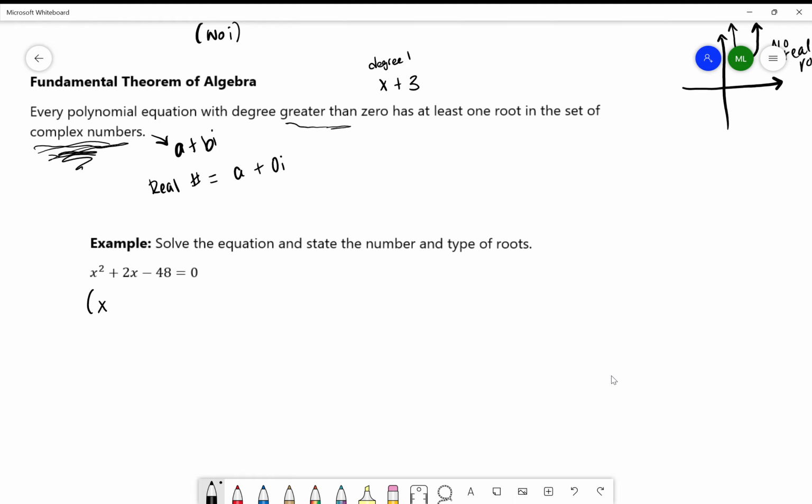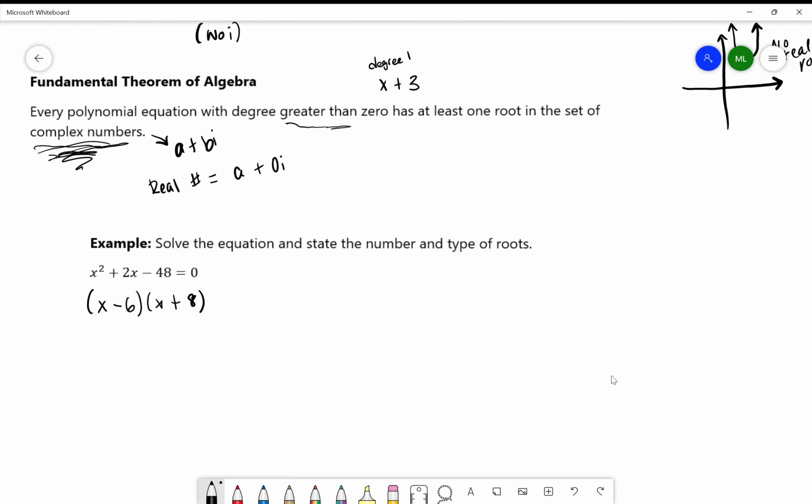So it's x minus 6 times x plus 8, because 6 times 8 is 48, and if you subtract them, you'll get 2. You've got to keep this one negative, so you get the negative 48 right here. So again, this is factoring. I'm going fast through it because this is something we've looked at before.